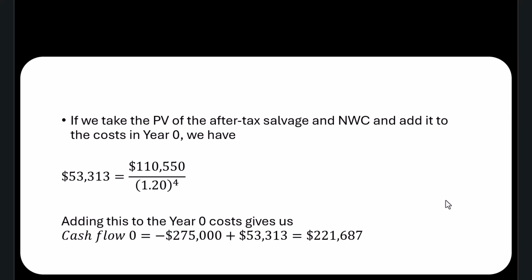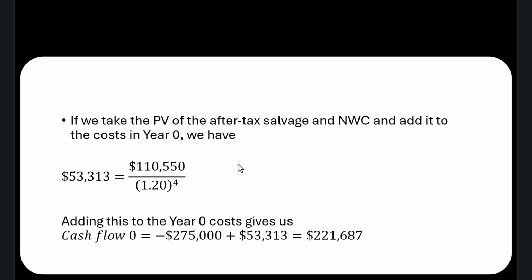If we take the present value of the after-tax salvage and net working capital and add it to the cost in year 0, we can figure out what the cost will be in present value terms in year 0. So the first thing we do is we find the present value of that $110,550. That is the net working capital and the after-tax salvage value, right?